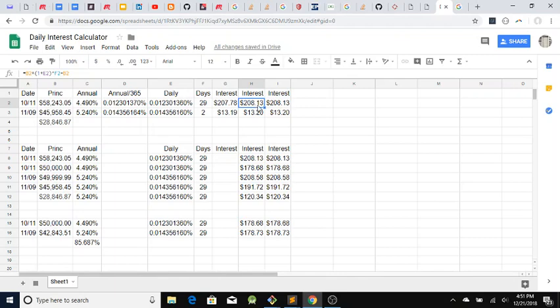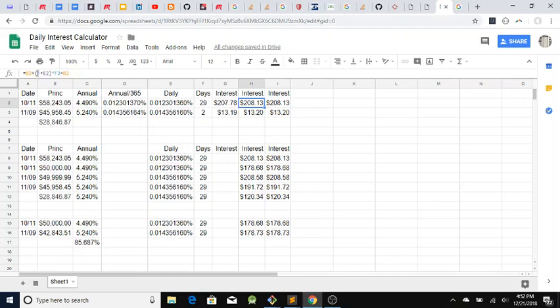To calculate the interest, I take the principal, which is cell B2, times 1 plus the daily interest, which is cell E2. I'll put the 1 plus that in parentheses, and you do it to the power of how many days. In this case, days is in cell F2, so you see I did it to the power of F2.